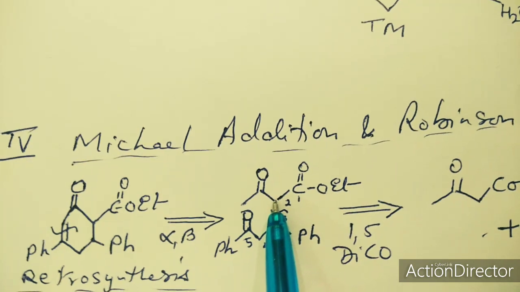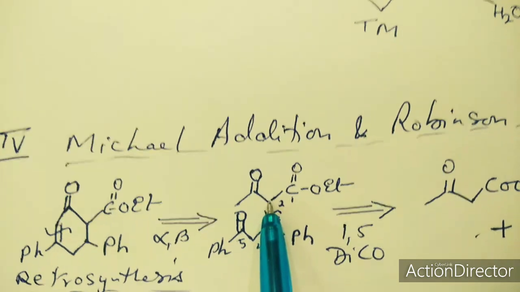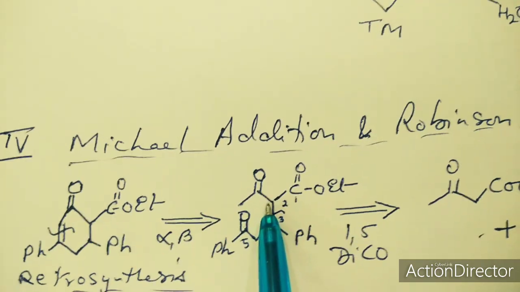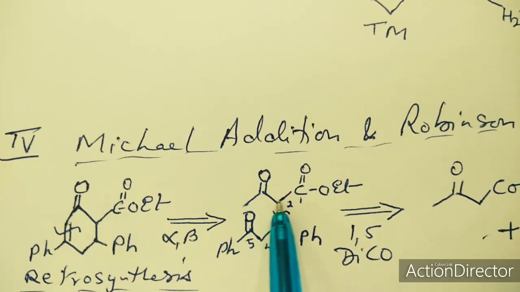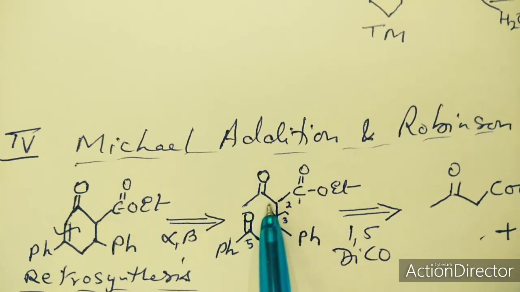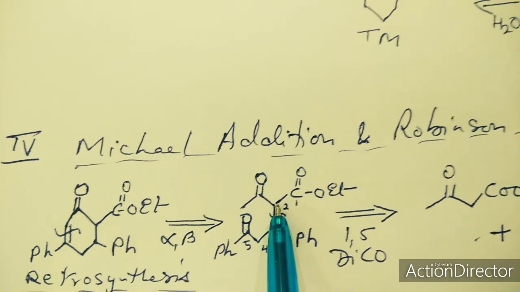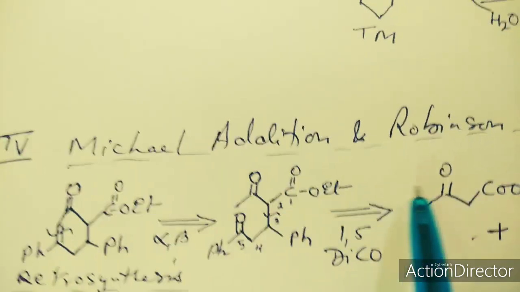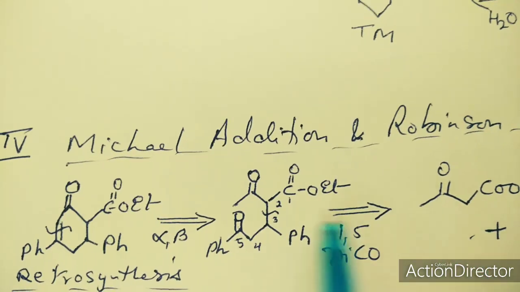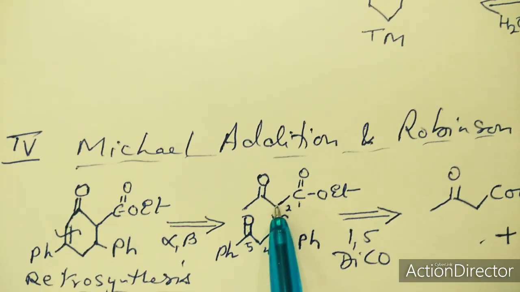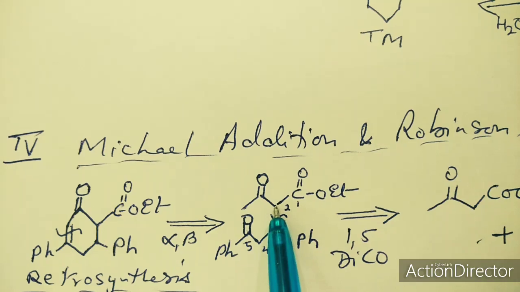This carbon hydrogen here can easily escape in the form of H positive, therefore it will be very acidic in nature, and from this end we will tend to form the Michael donor.